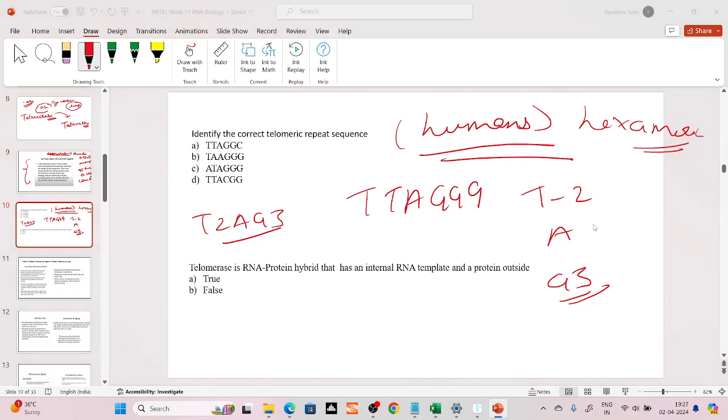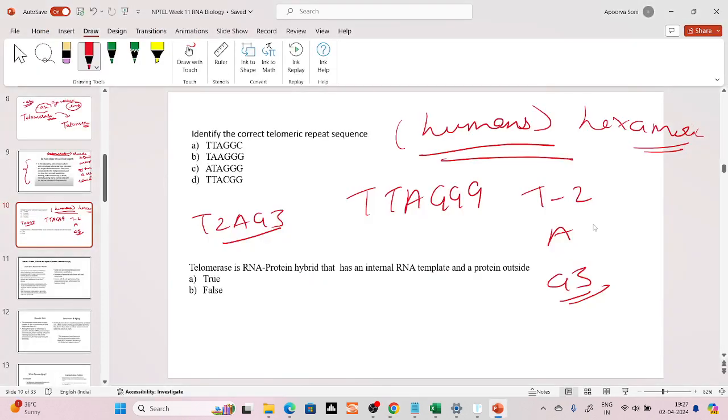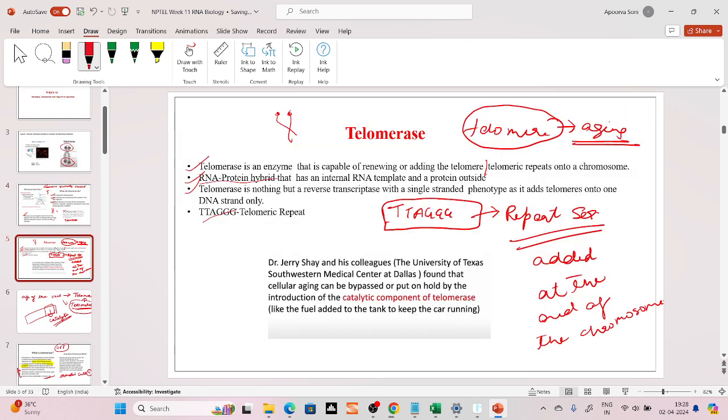Okay, I'm switching the screen. Kavita says true. Yes, this is true. We have discussed that telomerase is an RNA protein hybrid that has an internal RNA template and a protein outside. For those who have missed, I'll just repeat it. It's an RNA protein hybrid that has an internal RNA template and a protein outside.